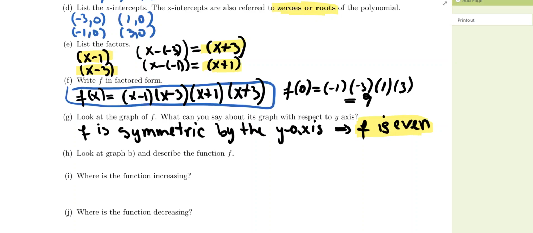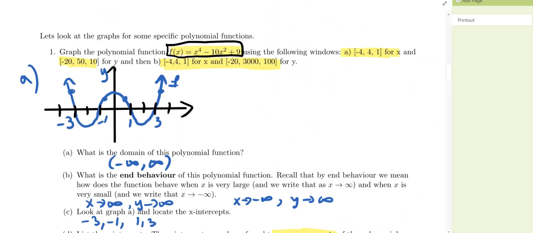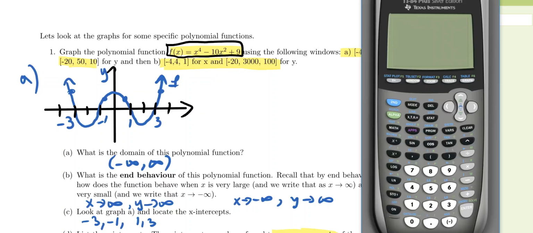Now look at graph B and describe the function f. So now if we zoom out and change our window, for x we leave it the same, but we zoom out for y. So I'm going to go back and change my window for the y. It's going to be -20 to 3000. So basically I'm looking more up.